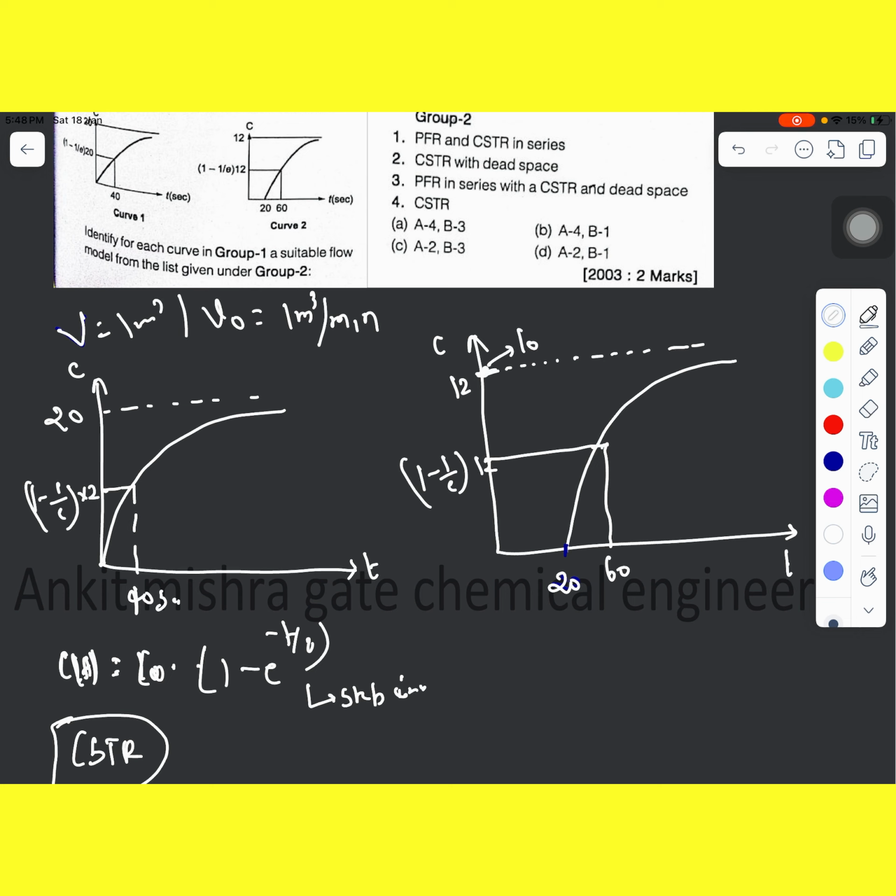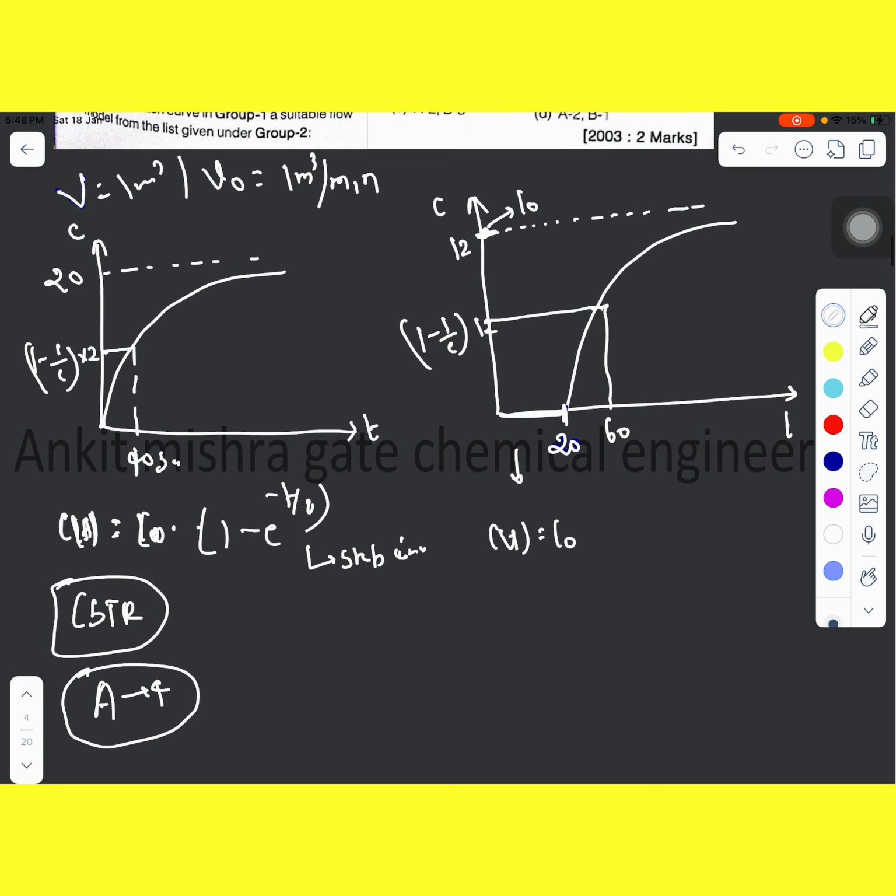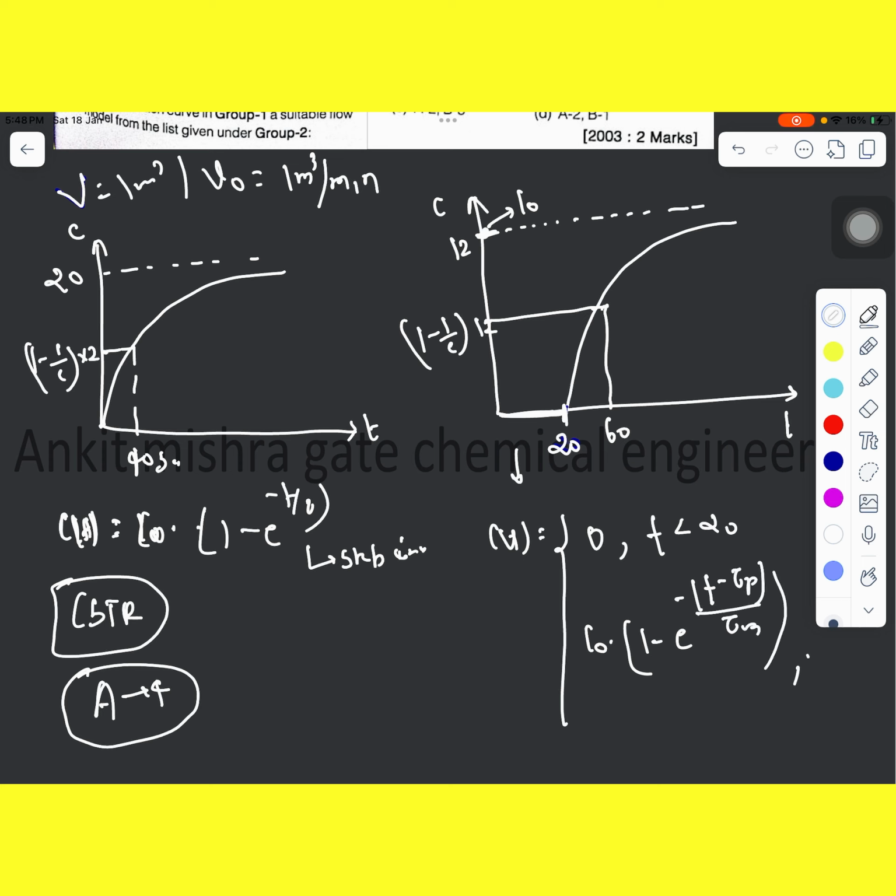And this curve looks something like that, CT equals C naught. When t is less than 20, the concentration is 0. So you can say CT equals 0 when t is less than 20, and that is equal to C naught into 1 minus e to the power minus (t minus tau p) divided by tau m when t is greater than or equal to 20.